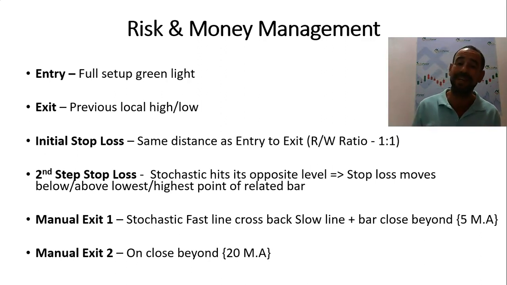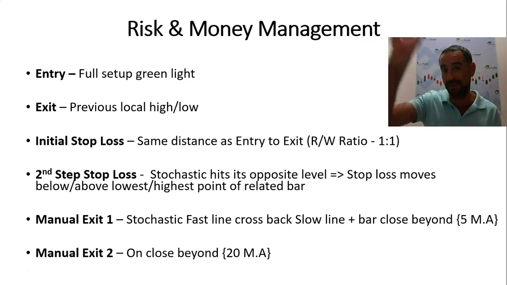We also have a second step stop loss. That's where the stochastic hits the opposite level. Let's say we came from below, the stochastic hits the 35, we entered the trade, and if the stochastic makes it to the other side, meaning the 75, we're talking about the fast line, it's always the fast line, what we do is we move the stop loss level to that very same bar where the stochastic made it to the other side.